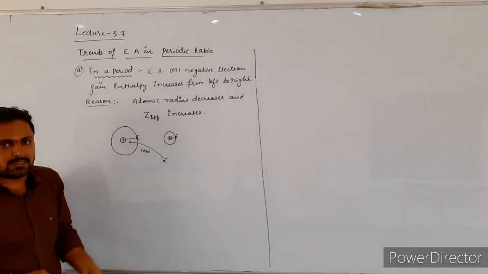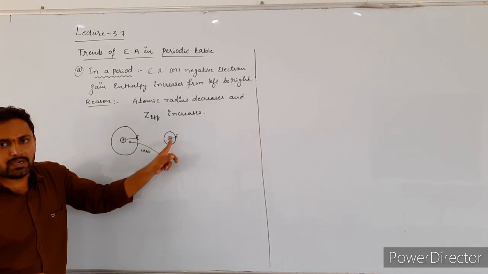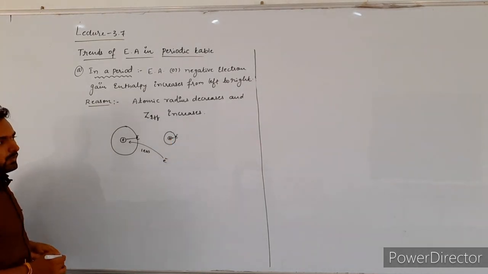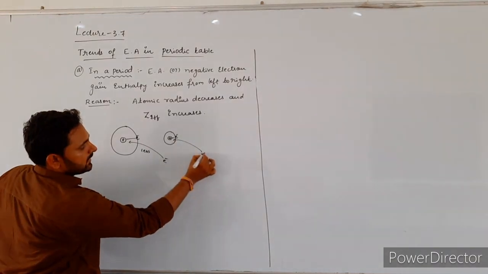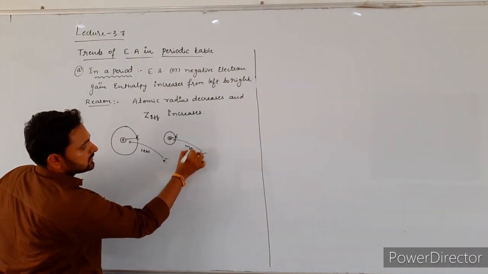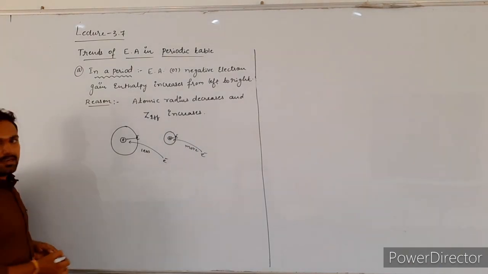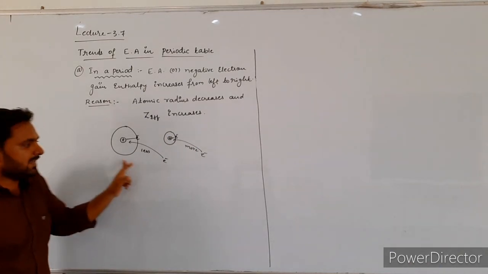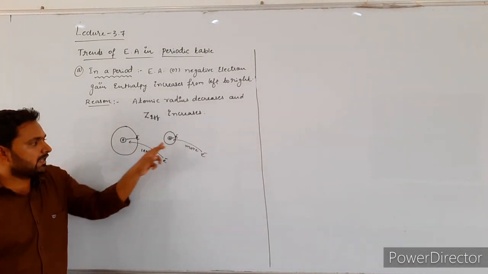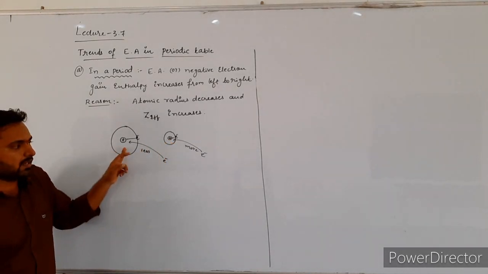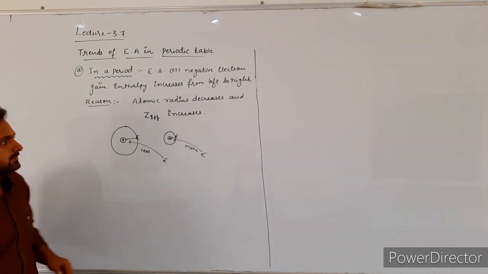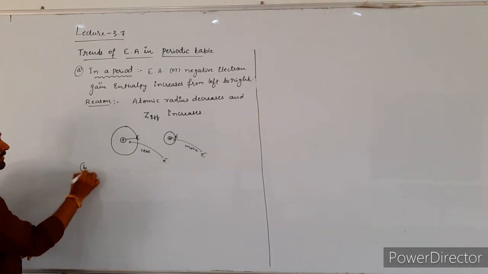Because of the small distance, there is a large effective nuclear charge. Because of more effective nuclear charge, small atoms have more tendency to attract incoming electrons. As size decreases, effective nuclear charge increases. As effective nuclear charge increases, the electron affinity increases. Next, in a group.